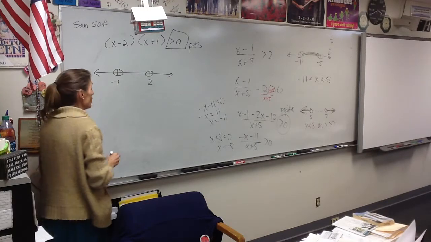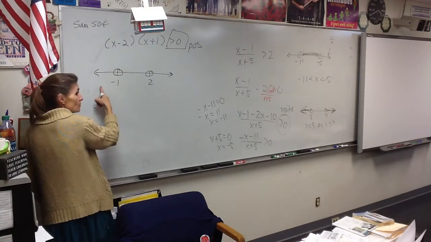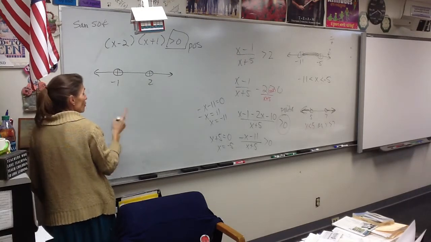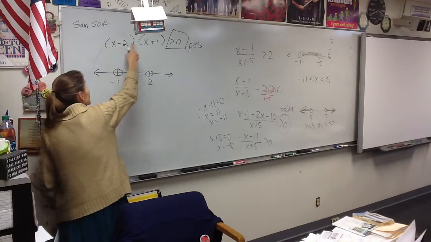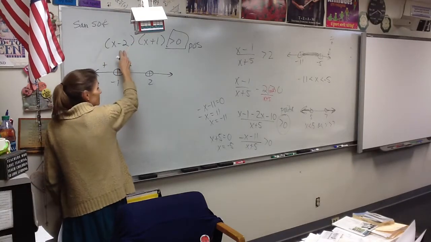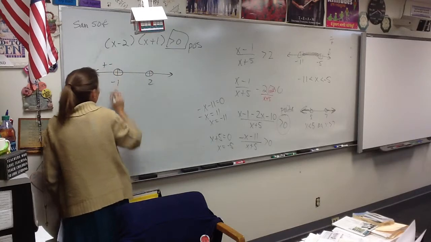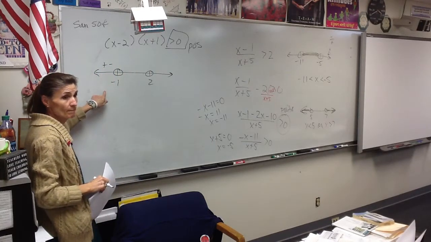All right, so here we go. Let's try negative 2. Don't make this hard, you guys. When you put -2 in here, you're going to be squaring it. So isn't that going to be positive? But putting -2 in here makes that negative. Does a positive times a negative work for us?